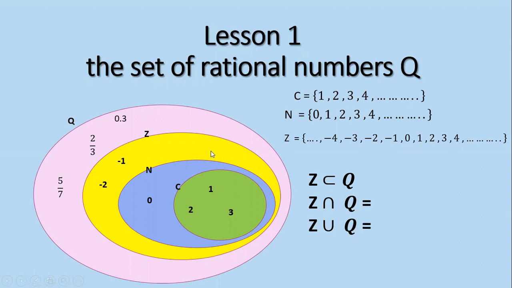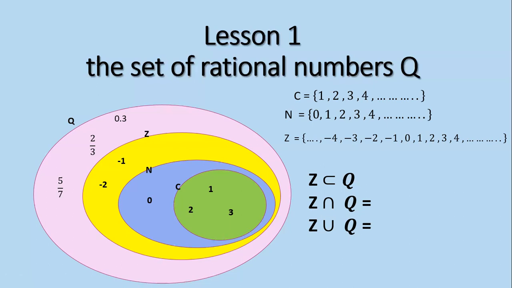This year, we study some numbers which are not found in Z, like fractions and decimals. We know fractions don't belong to integers, and decimals don't belong to integers either.